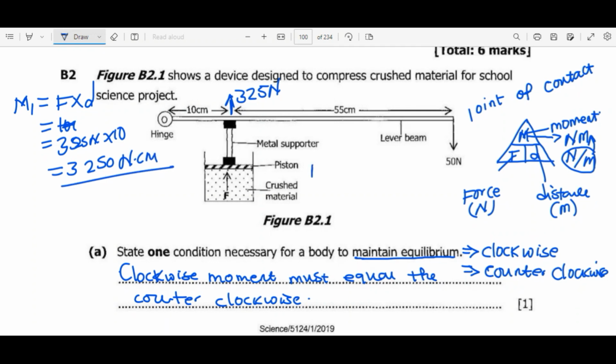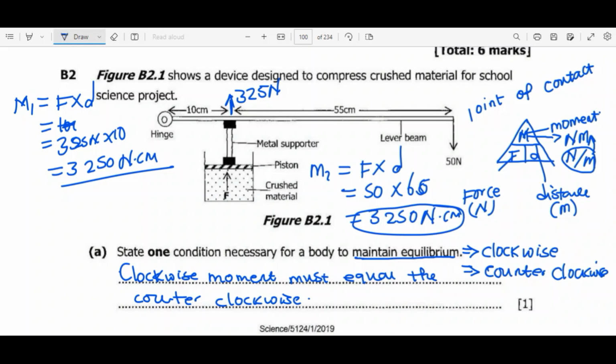Let's find the other one. So the other one will be moment 2 is equal to force times distance. So the force is 50, the distance is 65. So if you multiply 50 by 65, I'm getting 3,250 Newton centimeters. So we can see that this number is equal to this number.